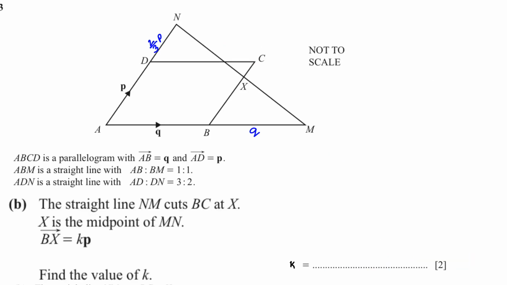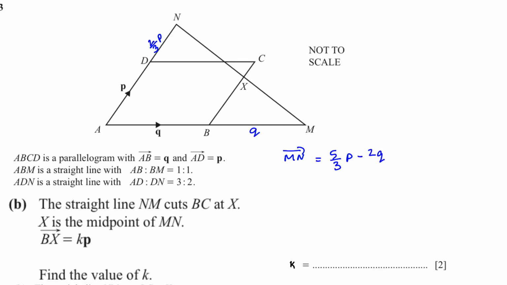In part B, we have been told the straight line NM cuts BC at X. X is the midpoint of MN and BX is equal to KP. Find the value of K. We have already found MN. MN is 5/3 P minus 2Q.